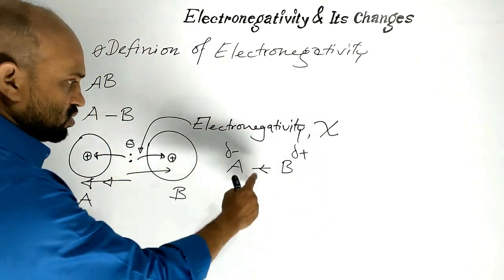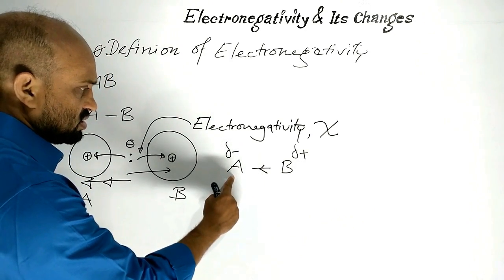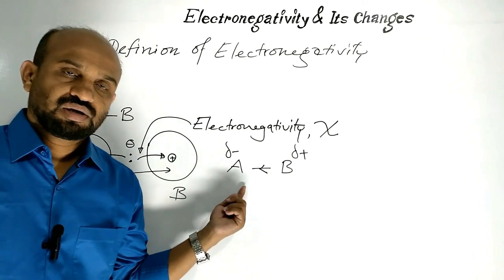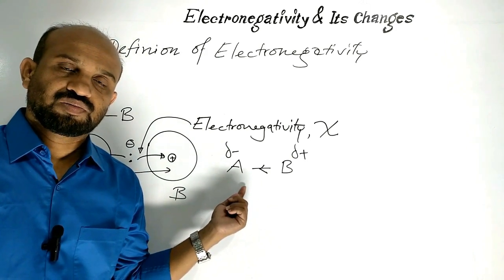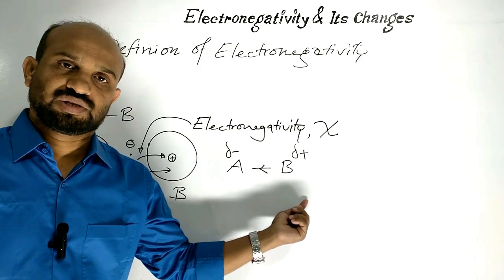That is why A becomes partially negative in charge and B becomes partially positive in charge.